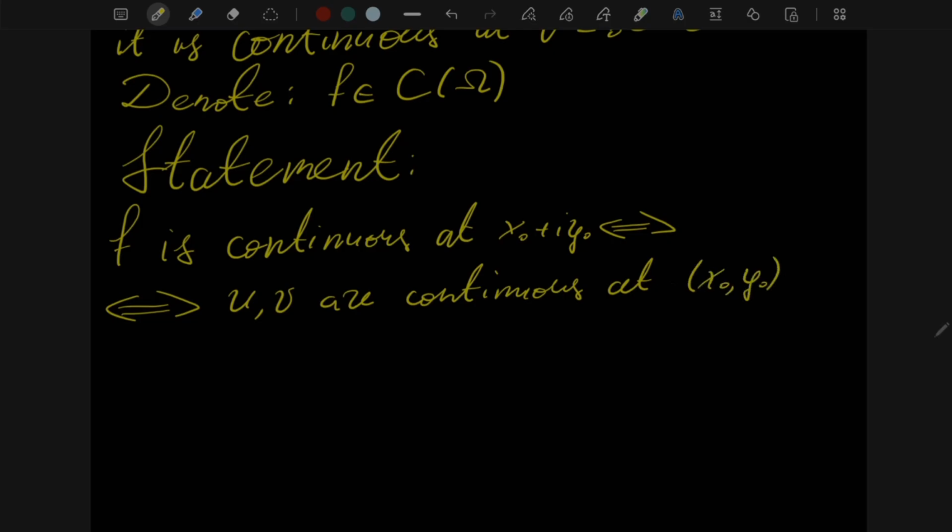Okay, now we can write a little statement and continue to the more important topics. Continuousness of a complex valued function of a complex argument is equivalent to continuousnesses of its real and imaginary parts as functions of two real valued arguments. And by using the properties of real valued limits, we can get the properties of complex valued ones.